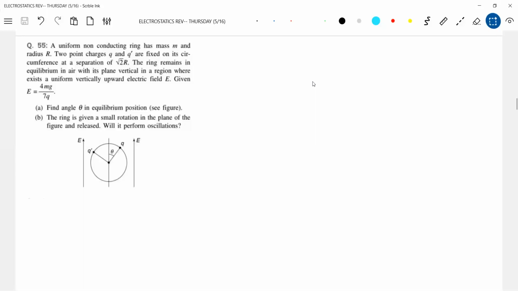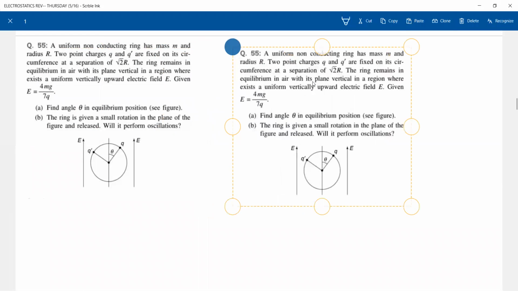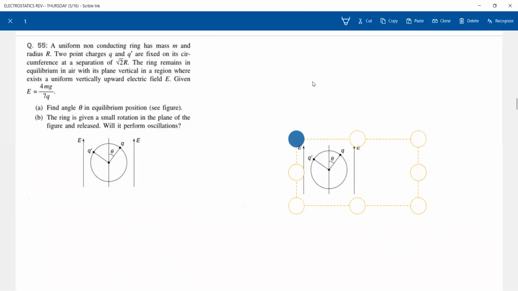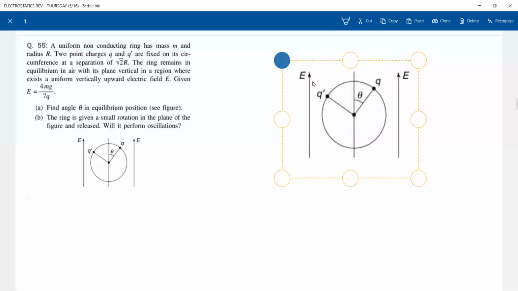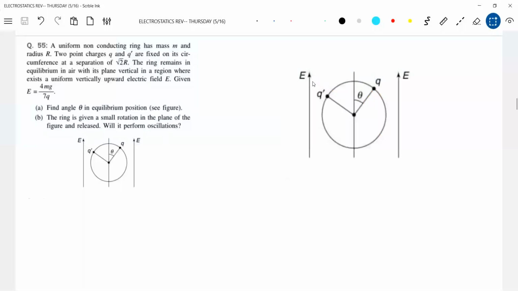The weight mg is acting, so the g will be acting here in this direction. Okay, let's draw the diagram here. Now, what are the forces? mg will act.